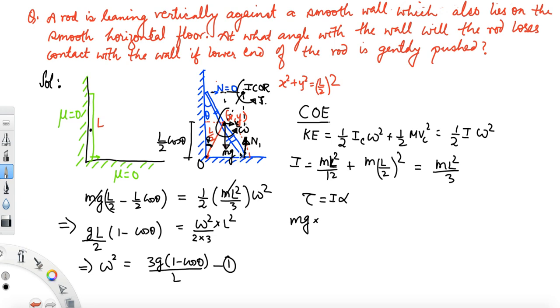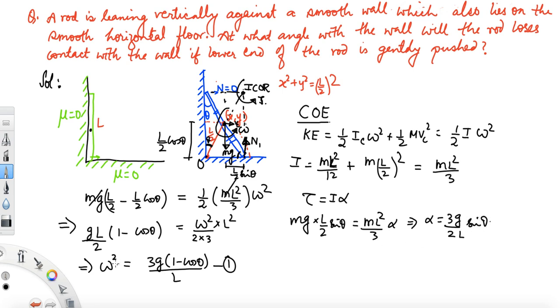Because this angle is theta, this angle will be 90 minus theta, and this distance will be L over 2 sine theta. So mg L by 2 sine theta is equal to moment of inertia ml square over 3 times alpha, and we get alpha is equal to 3g over 2L sine theta.